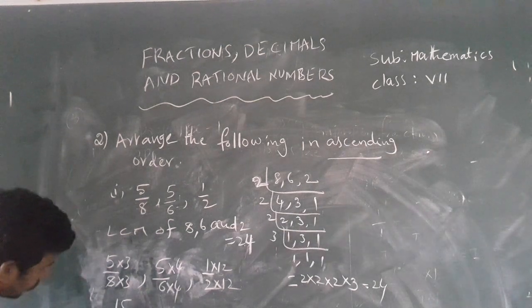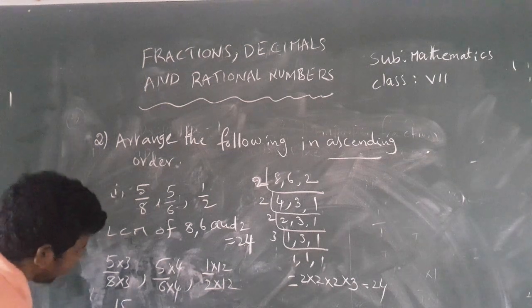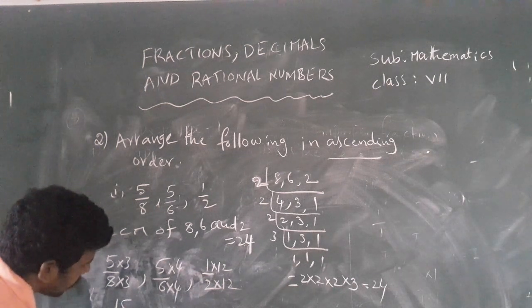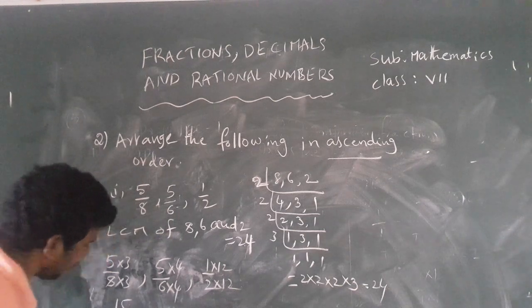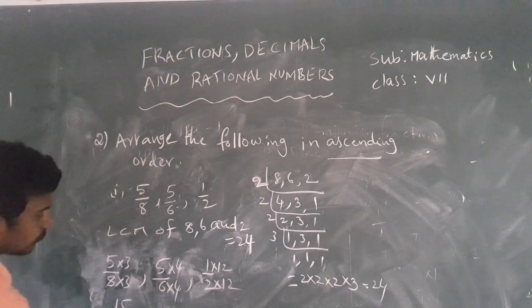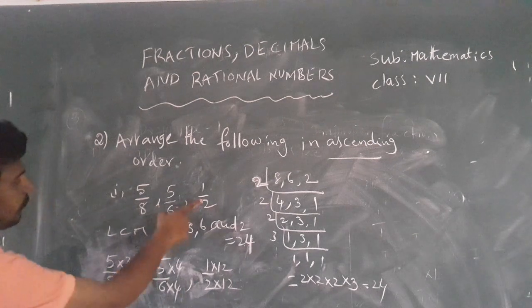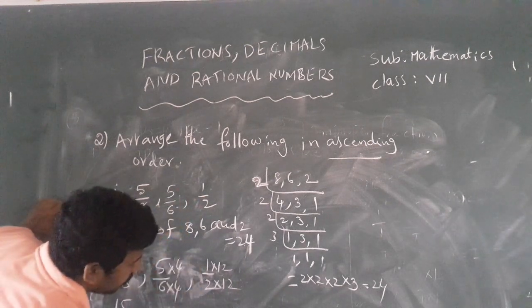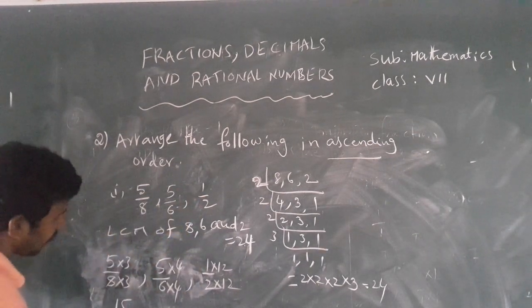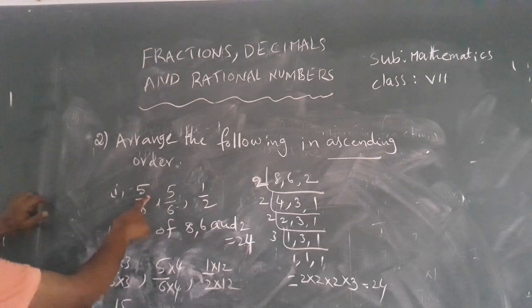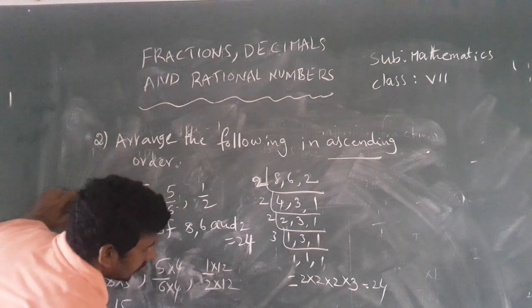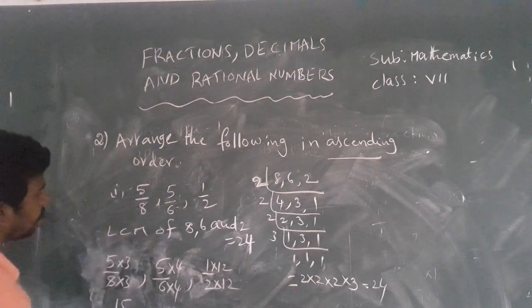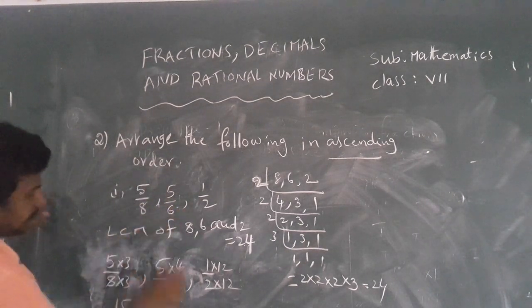So first take 12 by 24, less than 15 by 24, less than 20 by 24. What is the original fraction for 12 by 24? 1 by 2, less than 15 by 24, which is 5 by 8, less than 20 by 24, which is 5 by 6.